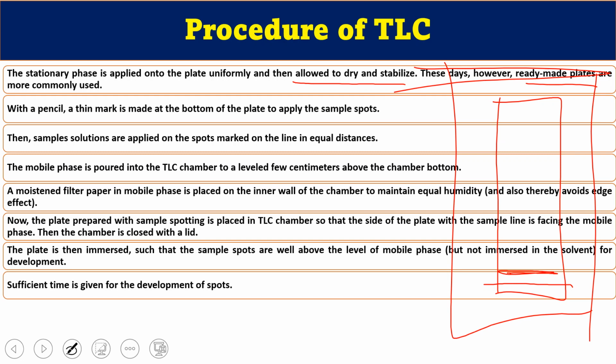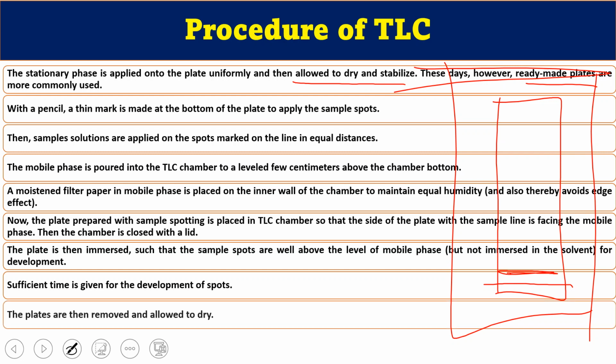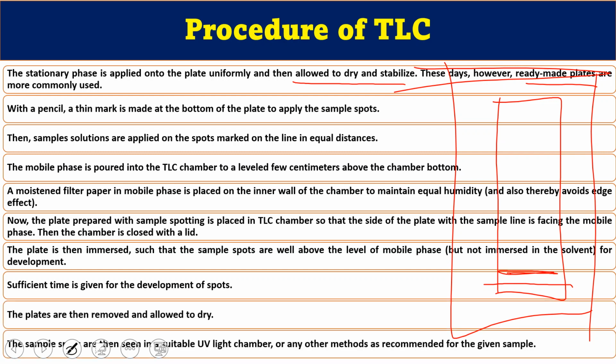Sufficient time is given for the development so that the spots can be visualized along with the solvent front. The plate is then removed and allowed to dry, and lastly the sample is visualized under a suitable UV light chamber or any other method recommended for the given sample.